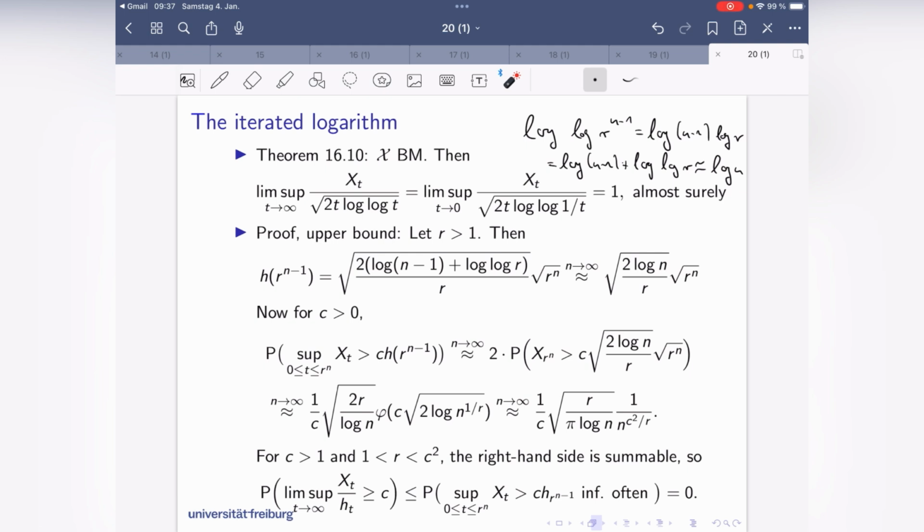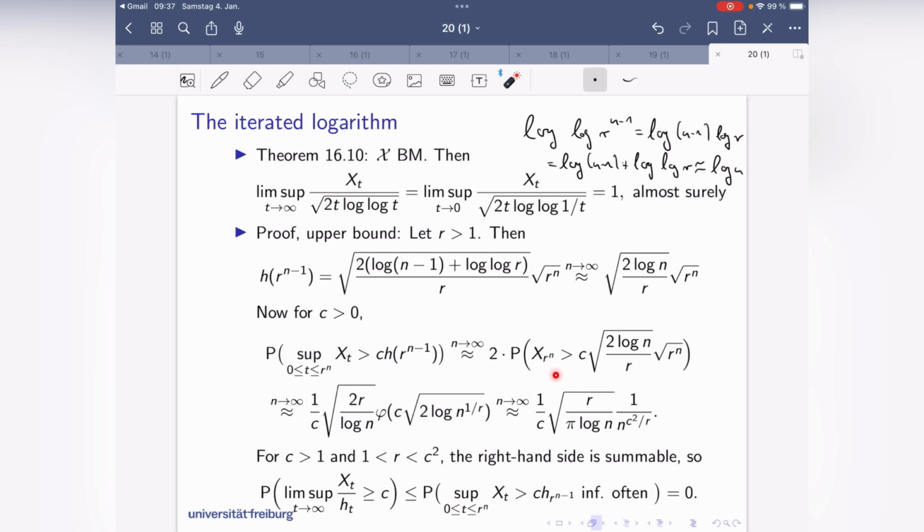Why did I do this? I did this because now I can write for some positive c, which will here be such that this here will hold. I have this supremum here. And remember again, using our result from the reflection principle, the distribution of this thing here is as the absolute values.